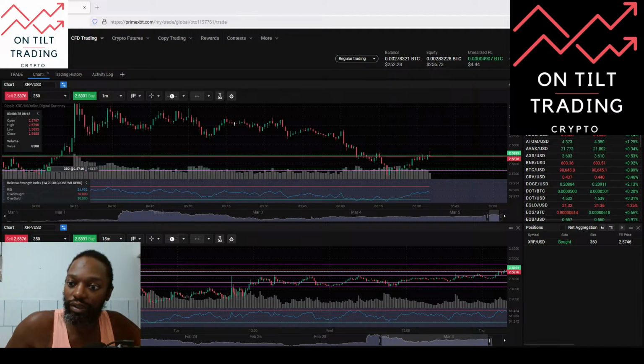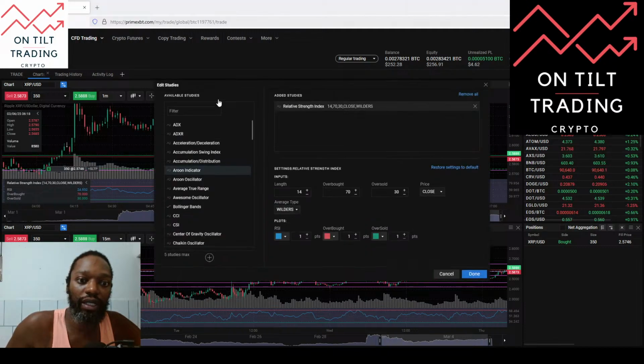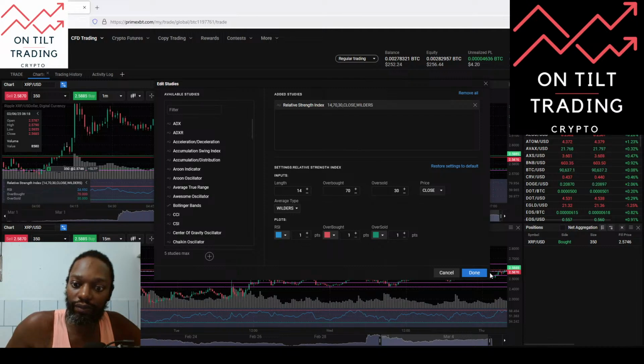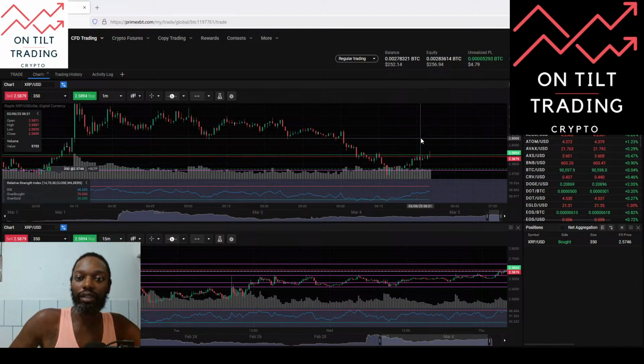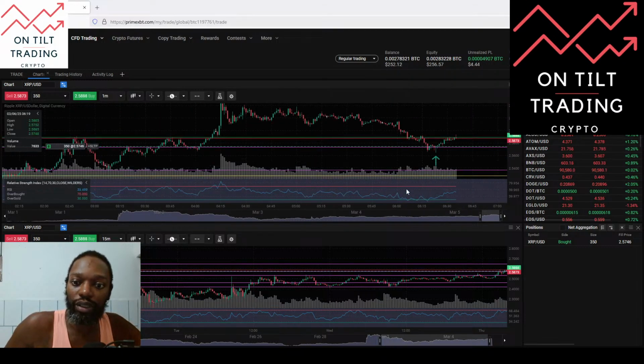So if we go into the RSI here, you'll see that at the top we're overbought. We're overbought when we're up here. We're oversold when we're down here. So when we're oversold, that's when we want to buy.